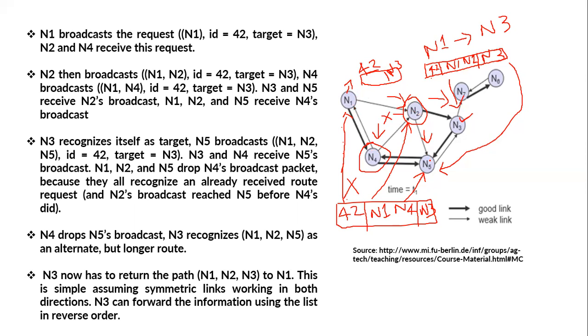Then it goes to N5. The packet from N4 also goes to N5, so N5 checks whether it's a duplicate packet. Yes, it's a duplicate packet because just before, it received one from N2. Let us assume N5 received the packet from N2 earlier than from N4.